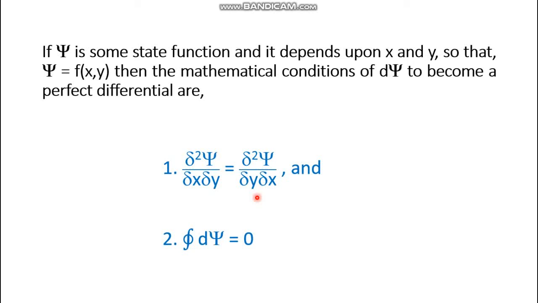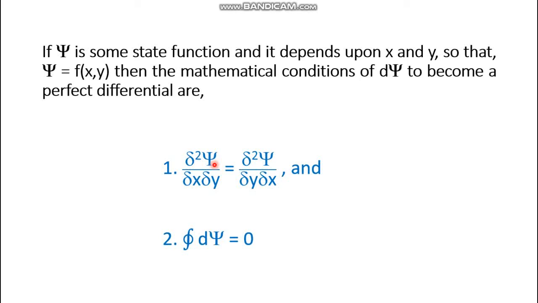But the vice versa is undergoing on the right hand side. So you are doing the second operation in a different path. First time you differentiate with respect to x, keeping y constant. Second time you differentiate the result with respect to y, keeping x constant. So the path is different now. If both the operations produce the same result, then d psi is a perfect differential.